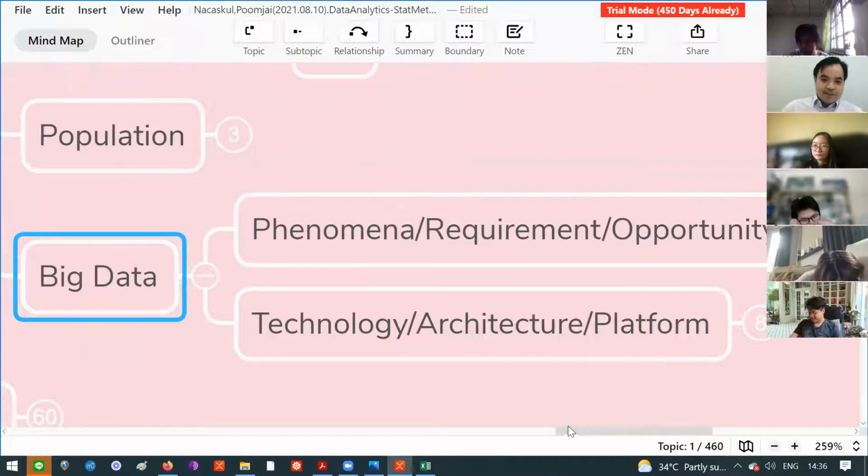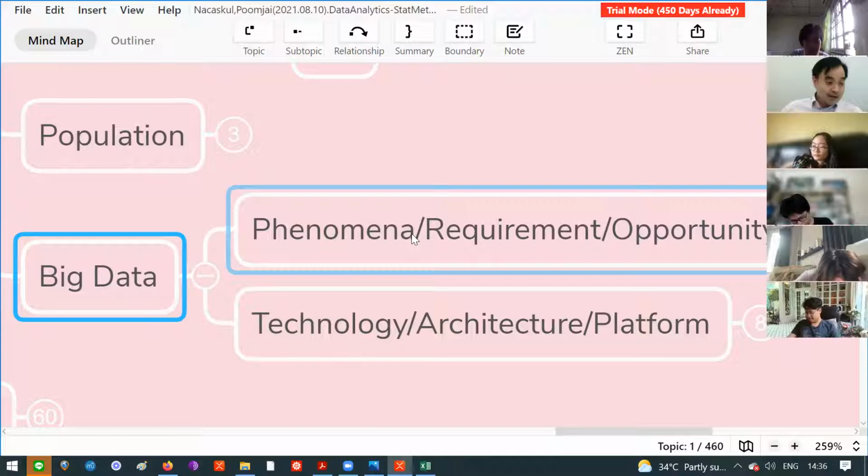First of all, when you hear the word big data, you have to realize there are two things we're talking about. One is the phenomenon itself, the phenomenon of big data, meaning how come we have big data? How come 200 years ago we didn't have big data?